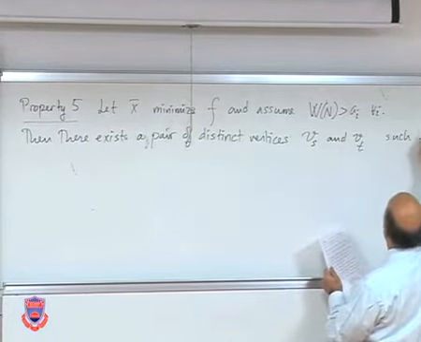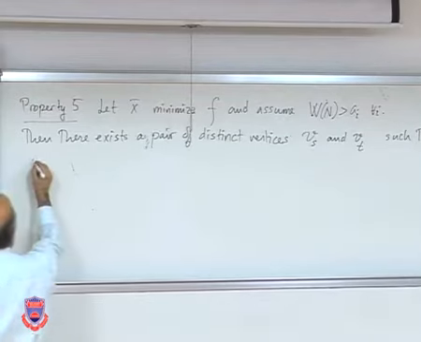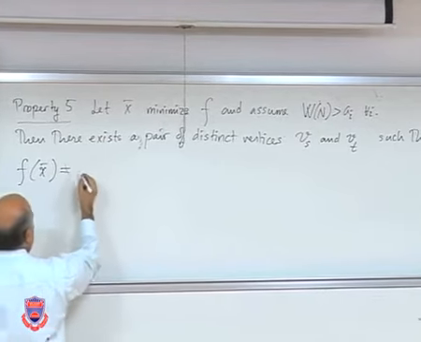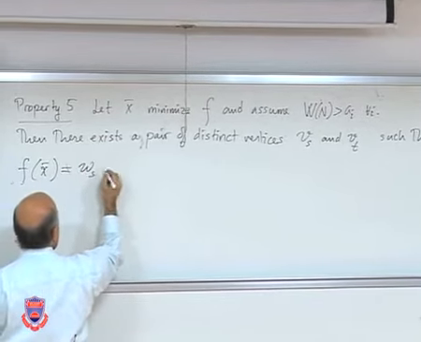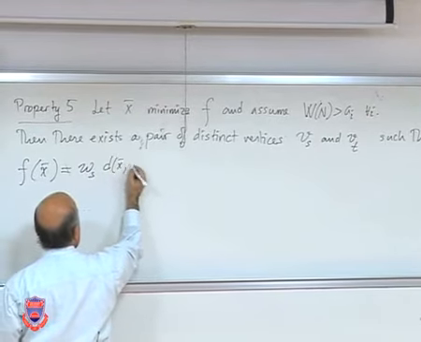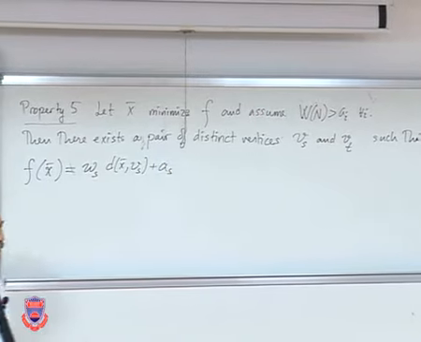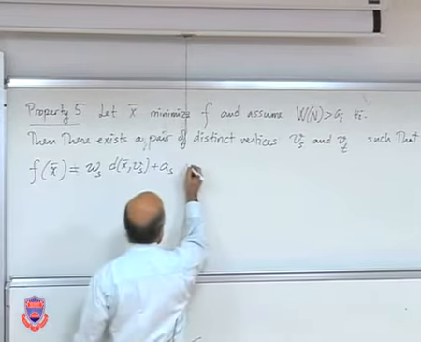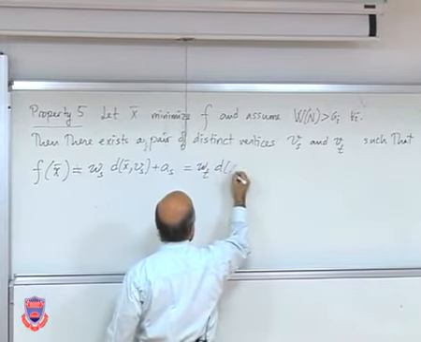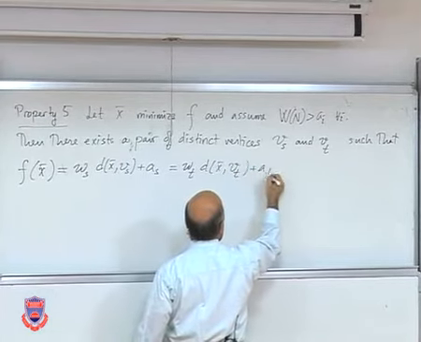such that the value of f at x bar, that's the minimum value, is equal to the weighted distance Ws dx bar Vs plus As, which is also equal to Wt distance between x bar and Vt plus At.